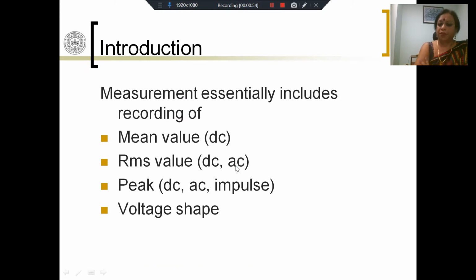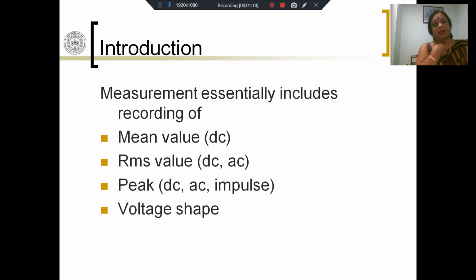So when you talk about measurement of high voltages, we have to consider that there are various kinds of voltages that we work with. In case of DC, we are interested in the mean voltage. In case of DC with a high ripple factor, or especially in case of AC, we are more interested in the RMS value rather than the mean value.